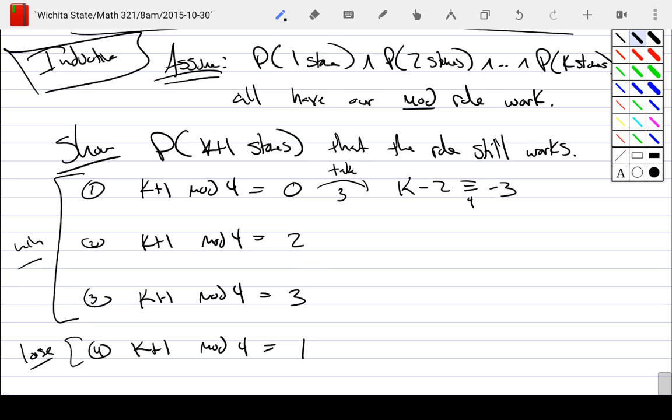Negative 3, right? So I took 3 from the k plus 1, and I took 3 from the 0, which is minus 3. But what is minus 3 congruent to under mod 4? That's actually a 1. So if I take 3, I've pushed them into a position congruent to 1, which is a losing position. So player 2 loses. So I win. Yay!